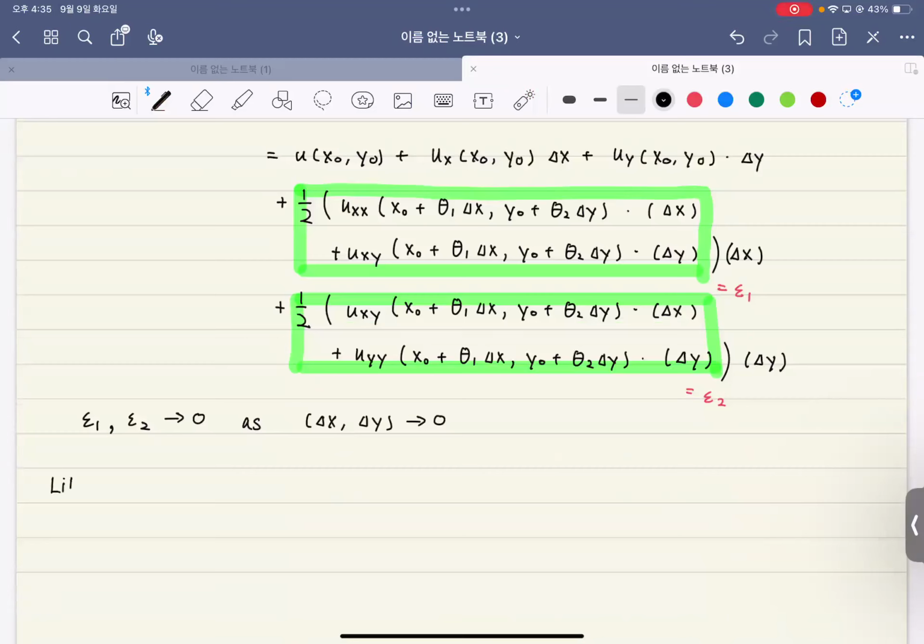Well, we can apply the same trick for the function v(x, y).